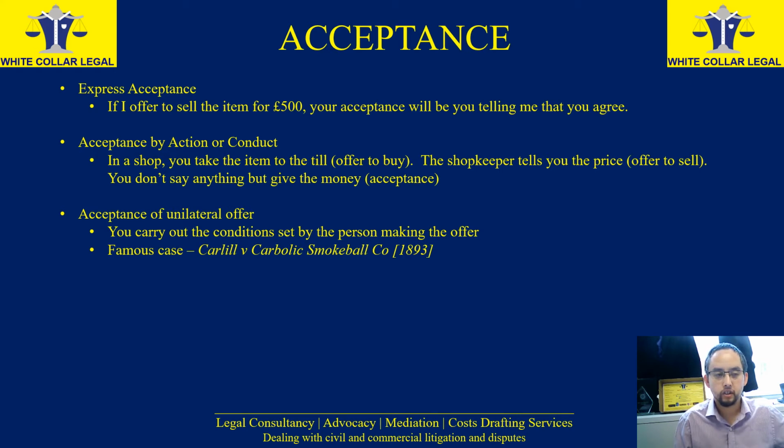Mrs. Carlill saw the advert, she suffered from flu, she bought the goods, tested it and didn't recover. She then tried to claim £100 and the court said yes, you can have it. You accepted an offer that had been made to the whole of the world. It's an acceptance, it's a binding contract.